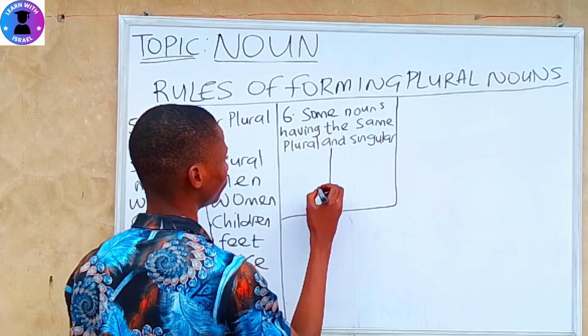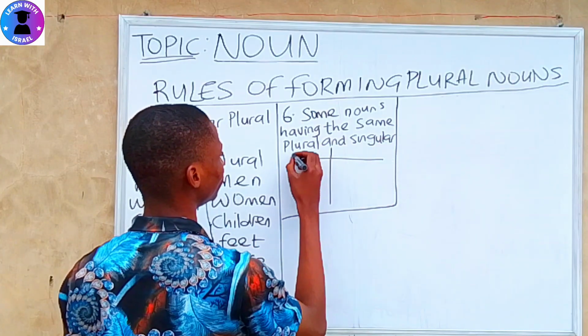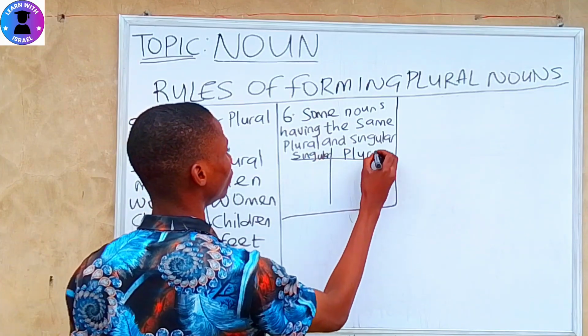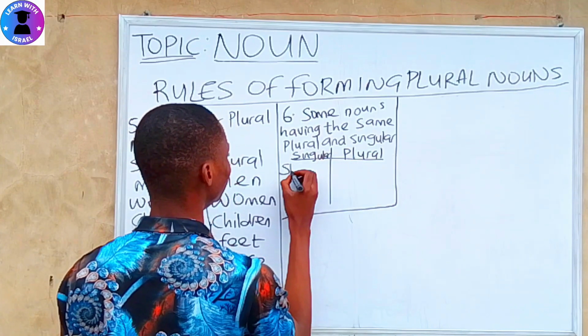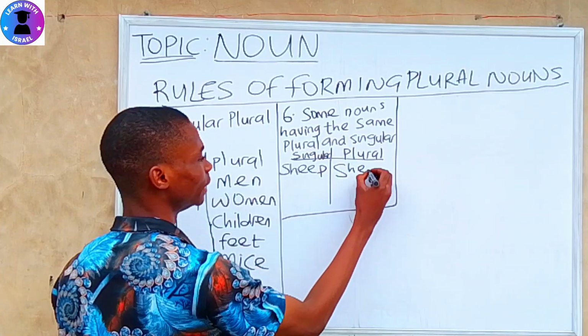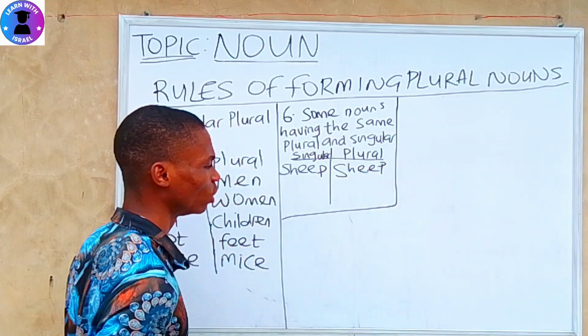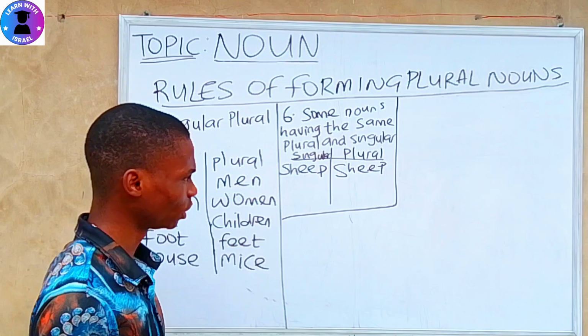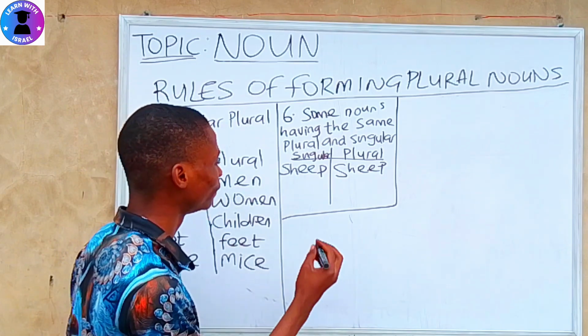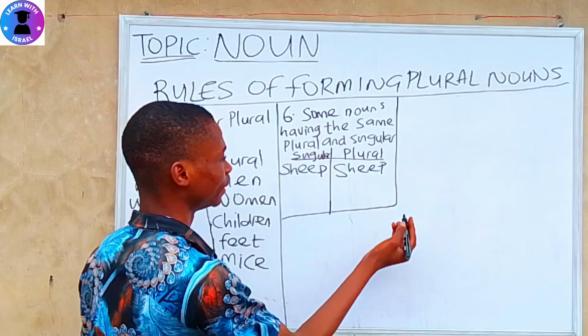We have singular, plural. For singular we have sheep, and for plural we have sheep. This type of noun, they don't need change. They don't need adding of s or adding of anything or removing anything. They just have the same plural and the same singular.